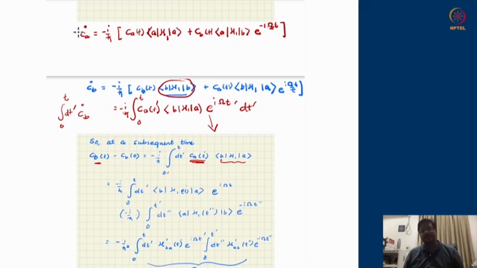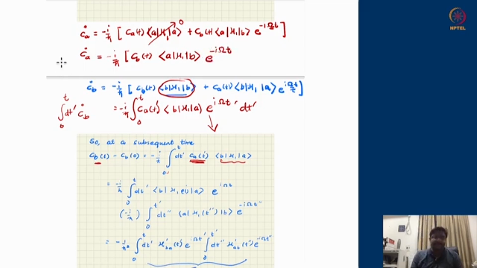So this would be the equation for CA dot. Again, due to the fact that the diagonal element is 0, CA dot would be just minus iota upon h bar, CB of t, the matrix element a h1b, and e to the power minus I omega t.